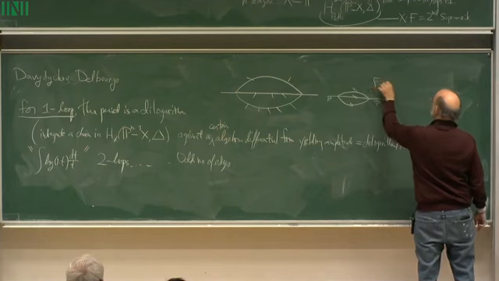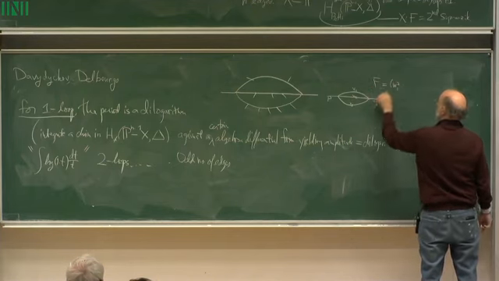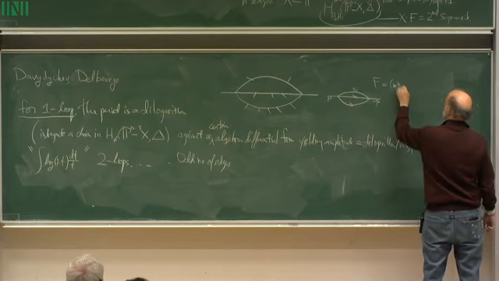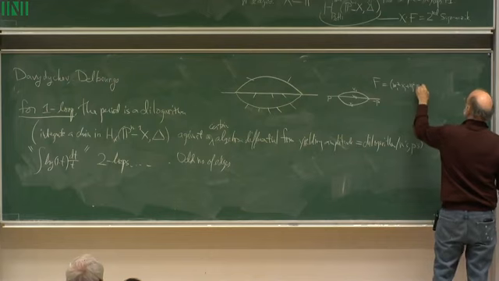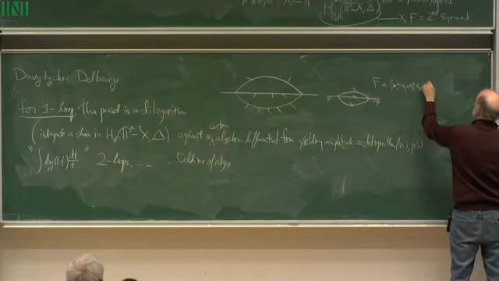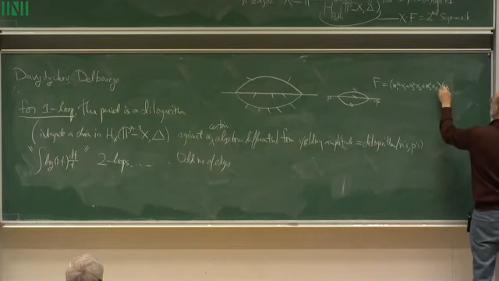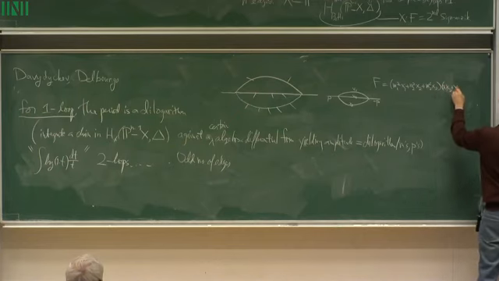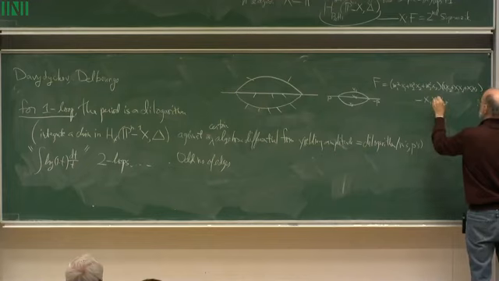So f is something like (m1² x1 + m2² x2 + m3² x3) times (x1 x2 + x1 x3 + x2 x3) minus p² x1 x2 x3.